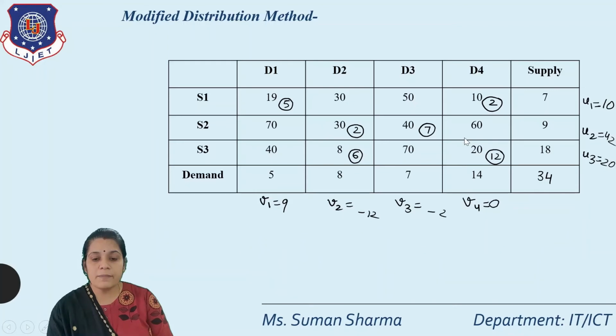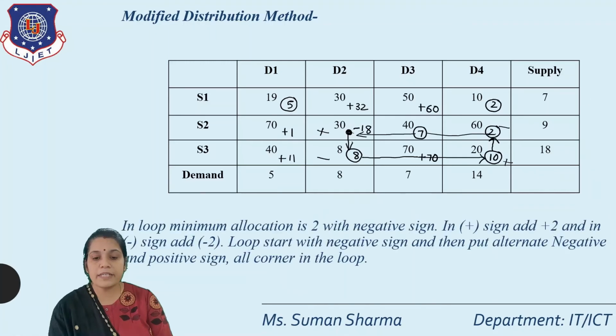If you write here the negative sign, so subtract 2, and if you write here the positive sign, so plus 2. Okay, that means what is the process? Process is that loop is starting from the negative sign. After that, all the three corners we have the allocation cells, and alternate you write here the positive negative sign.